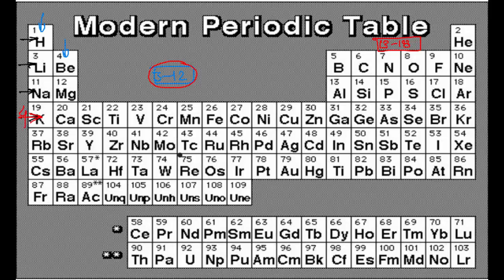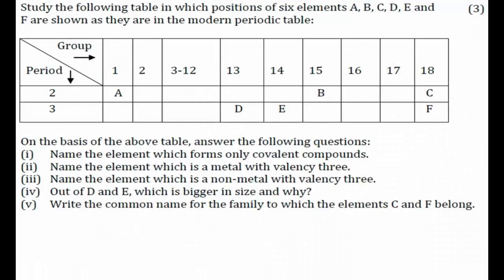That is important. So in the second period you will start from lithium. So here A is lithium. As I said, from 3 to 12 in periods 1, 2 or 3 there are no elements. Elements in groups 3 to 12 will start from period 4.